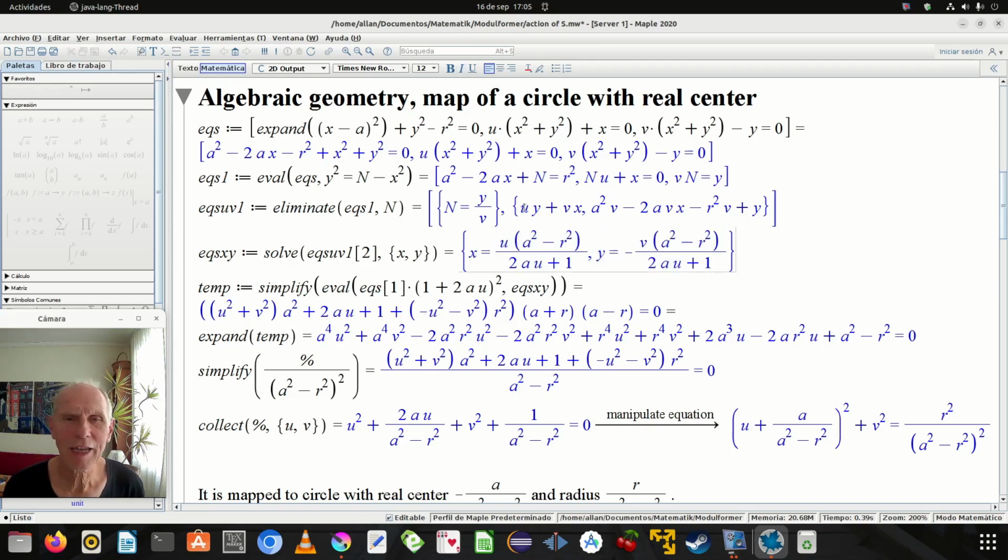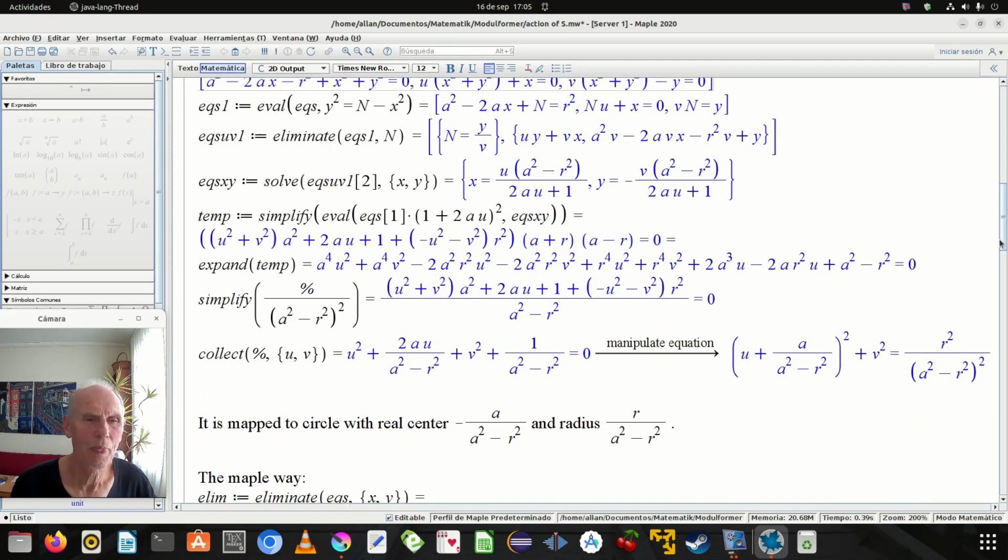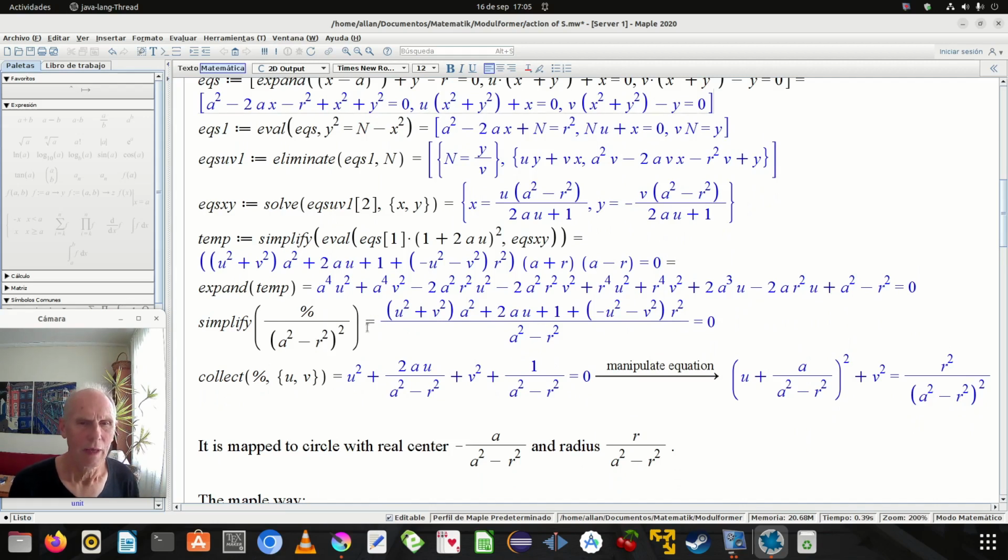Actually, the way I did it by hand was using this to convert this to x, and then solving for x, and then y is easy. And then I inserted this in the equation and found the equation for the image. And I found out that it mapped to a circle with this center, which is rational, and this radius.